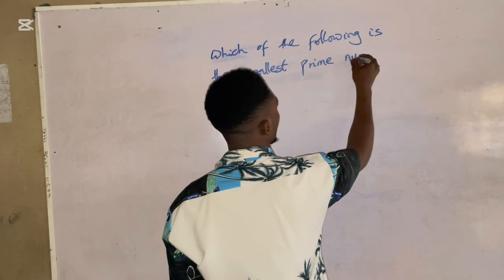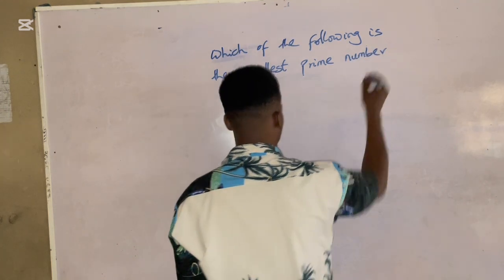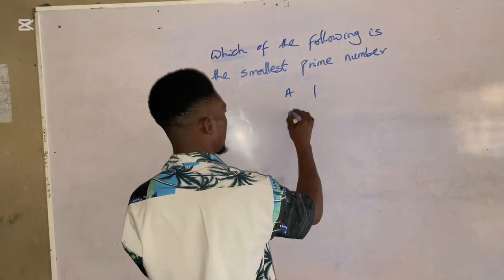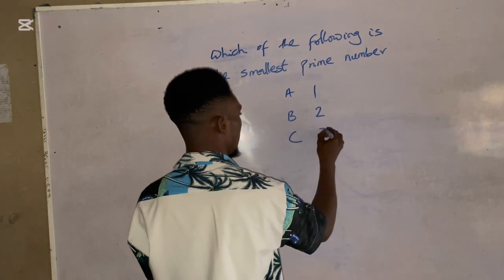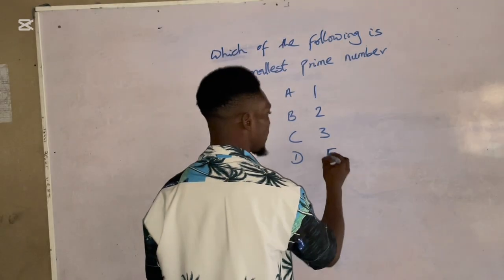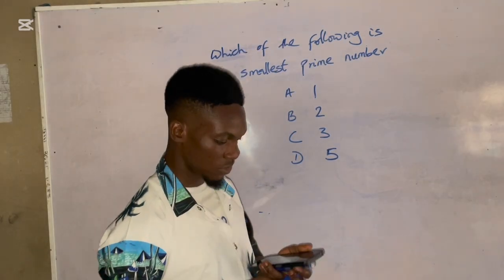The smallest prime number. And we have options. A is 1, B is 2, C is 3, and D is 5. They picked 1 as the answer, which is wrong.